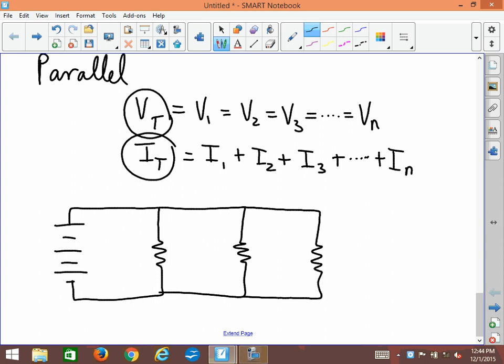Let's look at what the current is trying to do. The electric current is leaving the battery, and it's trying to go from here, and it's trying to get over here. And there are 3 ways it can do that. Some of it can go this way, some of it can go through here, and some of it can go through here.